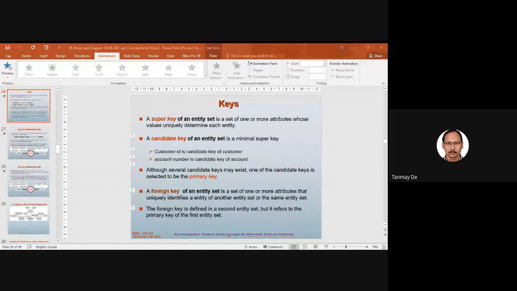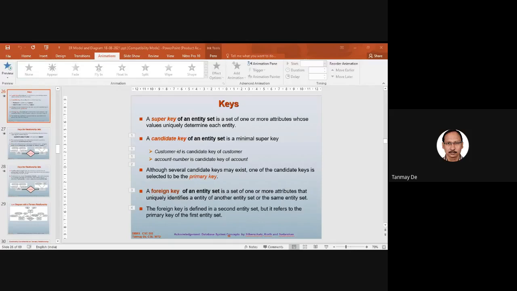So customer ID and customer name, the values of these two attributes can uniquely identify a particular customer. Or maybe customer ID and customer city, the combination of these two attributes also identifies a particular entity, a particular customer from the customer entity set.